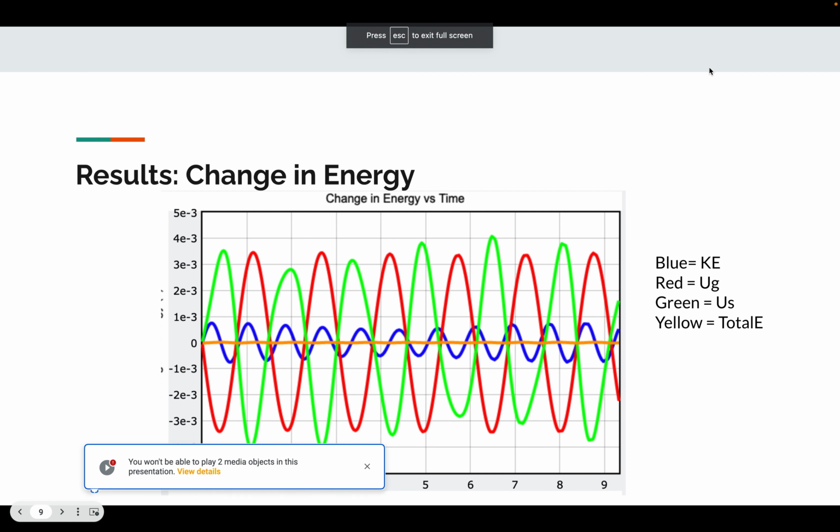So, looking at the results, the change in energy, the spring force and the gravity force are equal and opposite every time they iterate and they oscillate. And the kinetic energy is changing twice as fast as the gravity and the spring force, while the total energy remains constant.